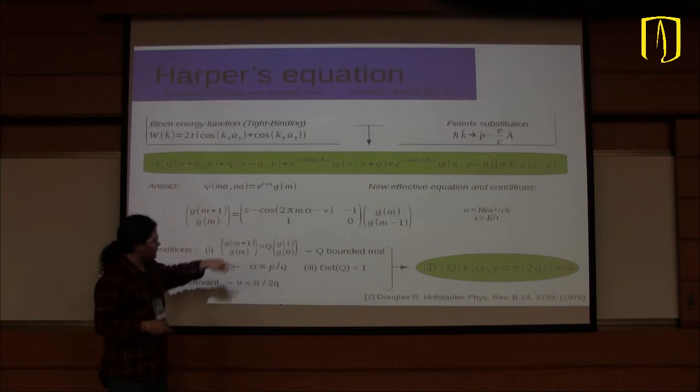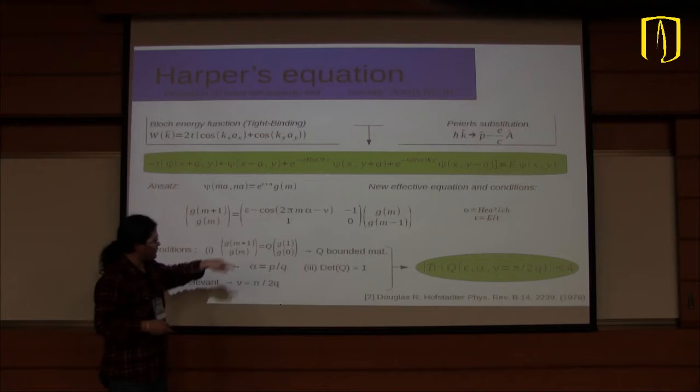Then it jumps toward the right and will acquire a negative phase but multiplied by m, and then returns to the m+1 row, and that will be the complete circulation of the particle.